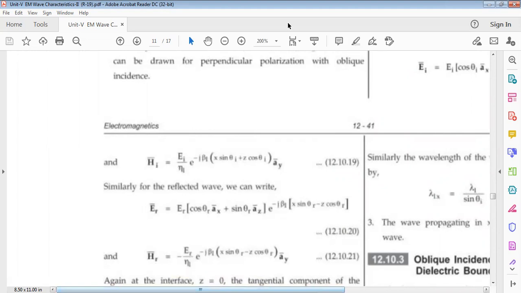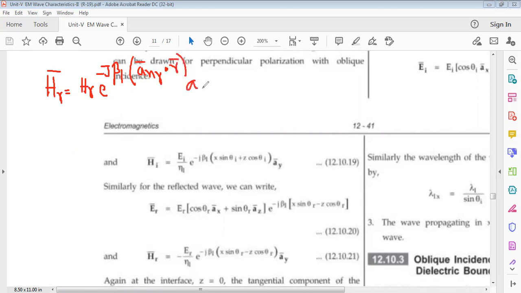Let us take H_r bar is equal to H_r into e power minus j beta 1 into, because this is in medium 1 only, a_nr bar dot r bar into a_y bar. This is a formula here.